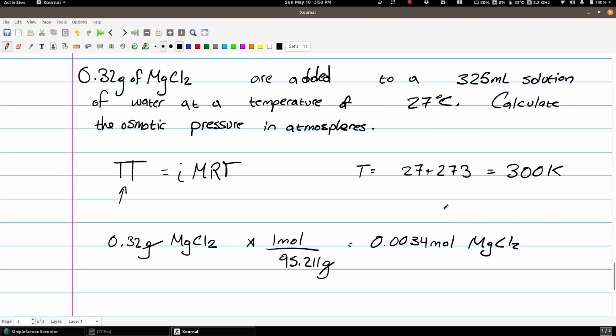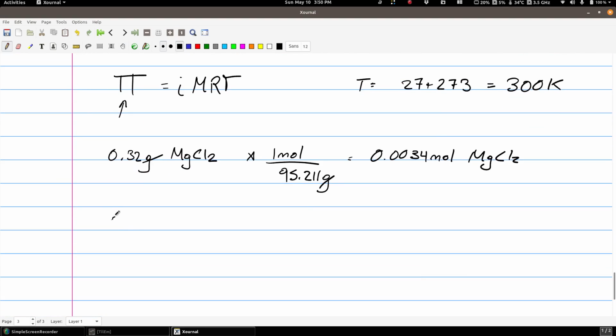Our volume has to be put into liters, so that's 325 milliliters times 1 liter divided by 1,000 milliliters. So that's 0.325 liters. So now we have to figure out the molarity.